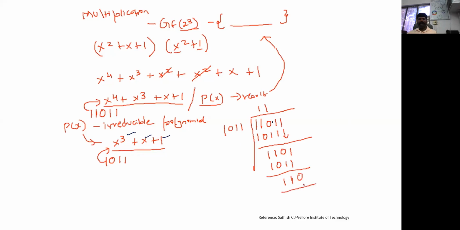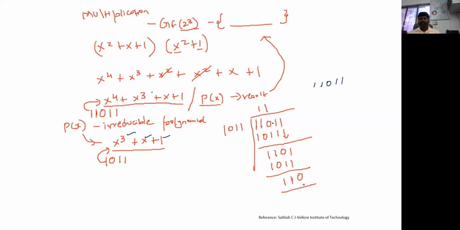If I divide this value, here it is x power 4, which is 1, followed by x power 3, which is 1, and there is no x power 2, so I consider it as 0, followed by the x value equal to 1 and the constant equal to 1.